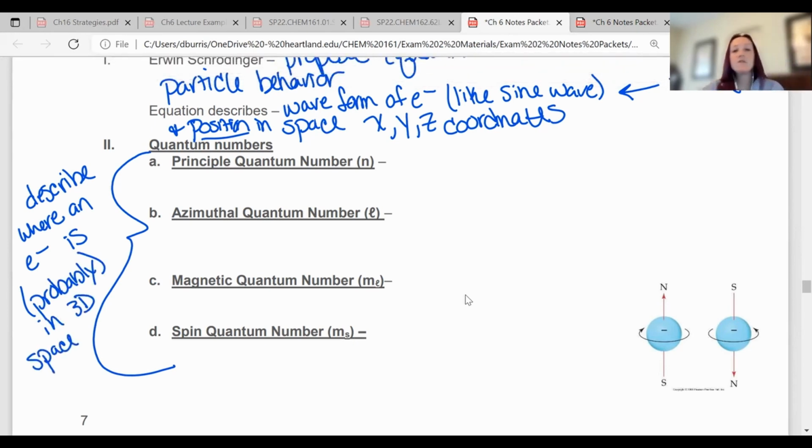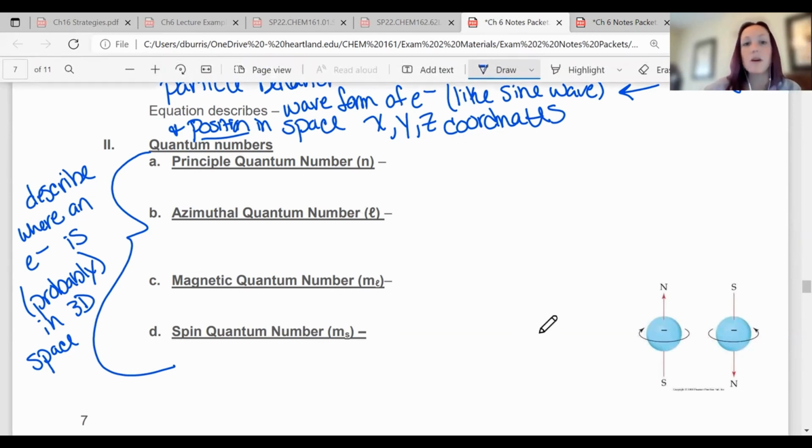All of these numbers essentially are ways to describe an area where we are most likely going to find a specific electron. Okay, so bear with me through this. We're going to get through all of these, and then I'm going to help you figure out quantum numbers for things.